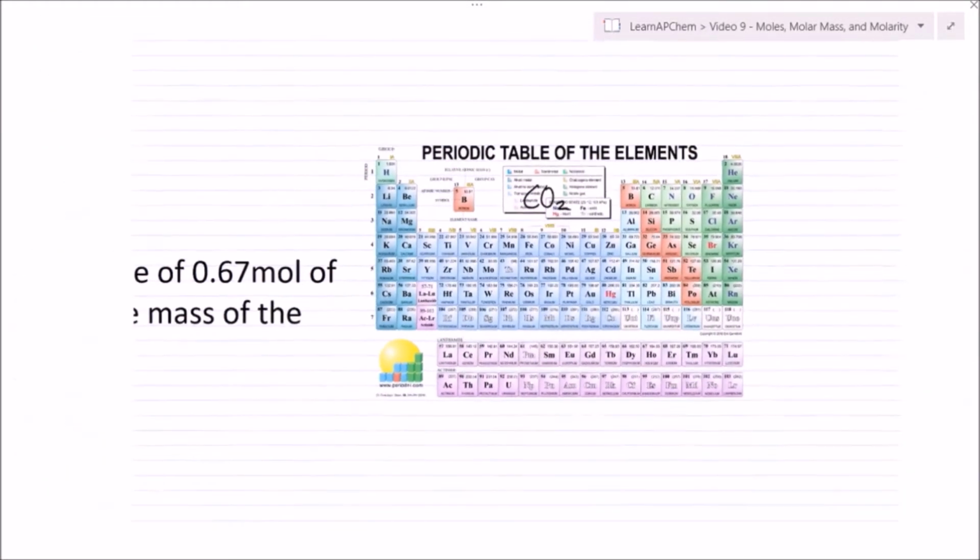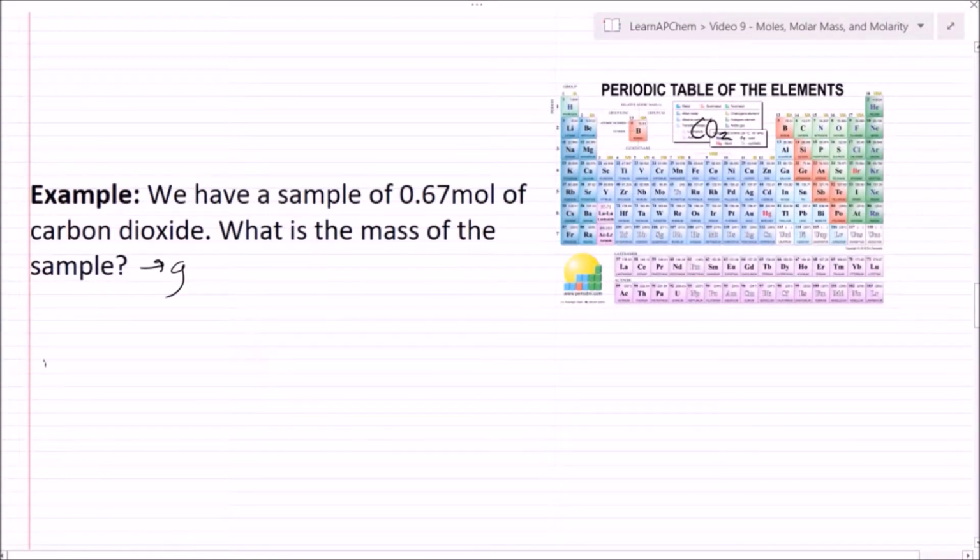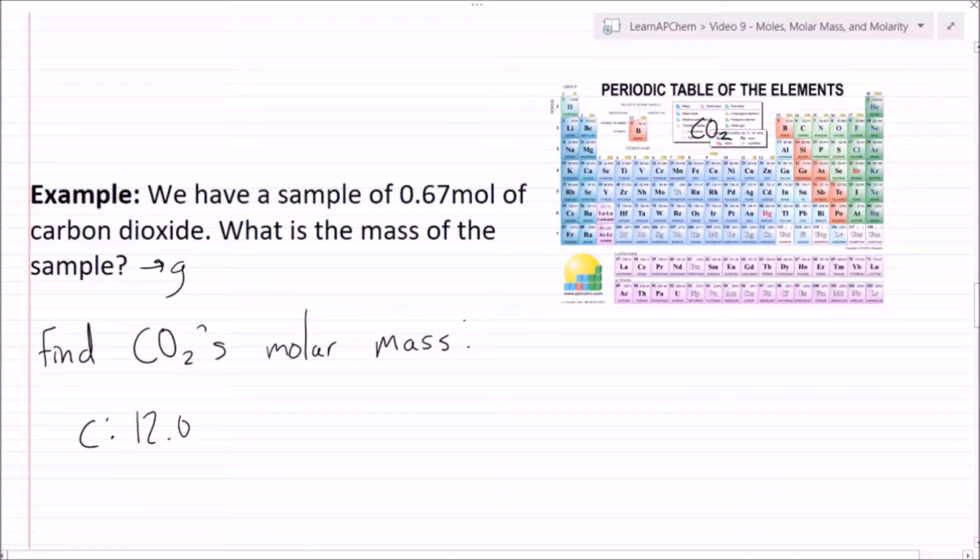Okay, so the first thing we're going to do in this problem is find CO2's molar mass. I know that the molar mass of carbon is 12.011 grams, and oxygen is 15.999.